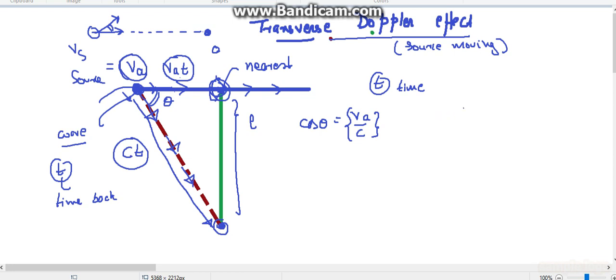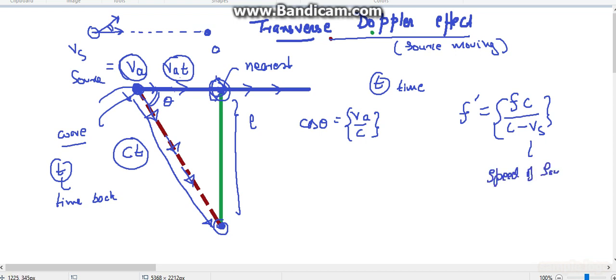Now we know in case of Doppler effect when source is moving, the frequency is Fc upon C minus Vs, where Vs is the speed of source along the line joining the two. If this is source, this is observer, then Vs is the velocity along the line joining both of them.